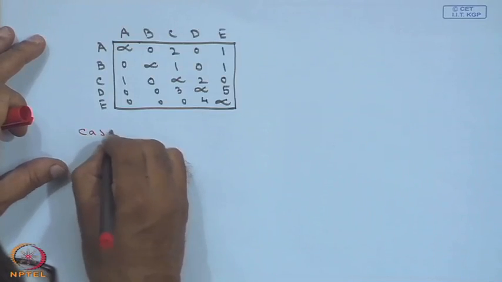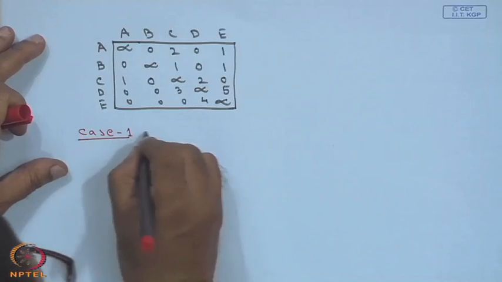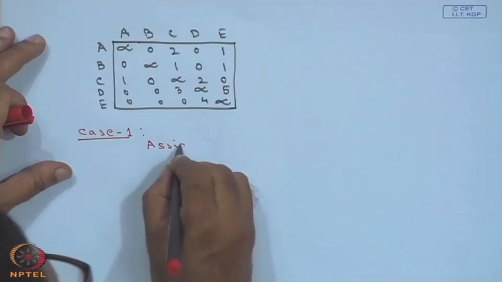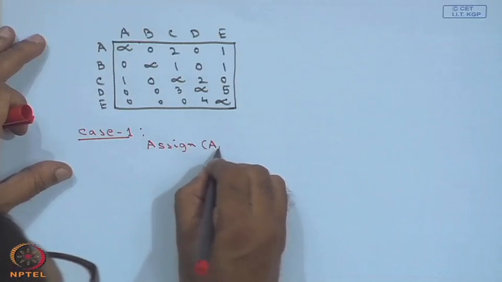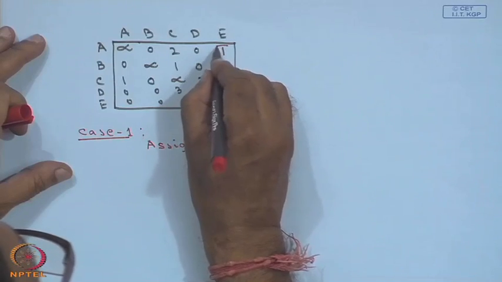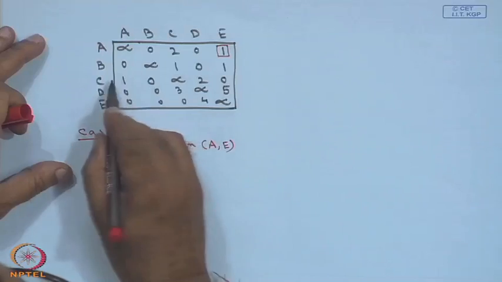Case 1. In case 1, what will I do? You assign A E first, that is A to E. That means you first assign this A to E, then assign all others.